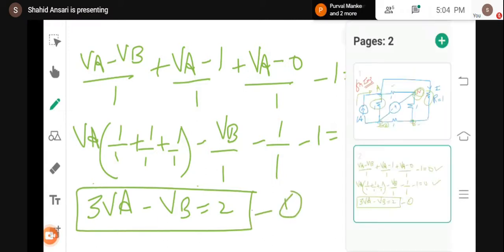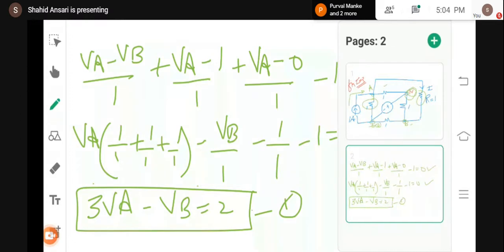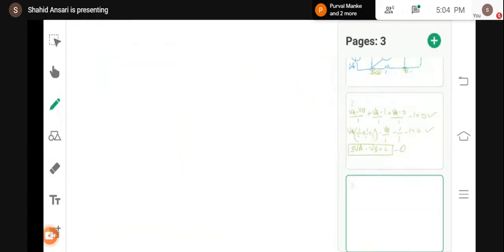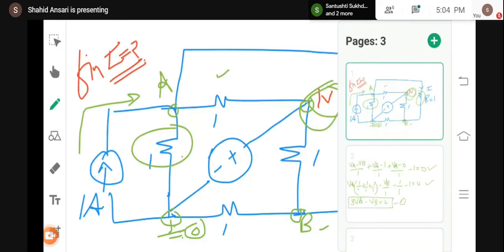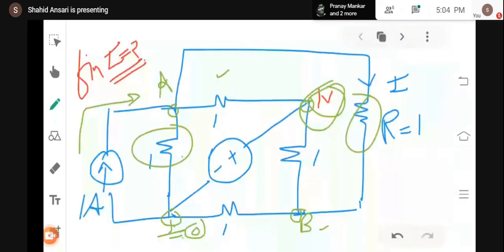Now moving on to the next one. Apply KCL at node 2. Node 2 means your VB. At VB I will write directly: VB, with number of elements 1, 1, and 1, so 1 by 1, 1 by 1, 1 by 1.